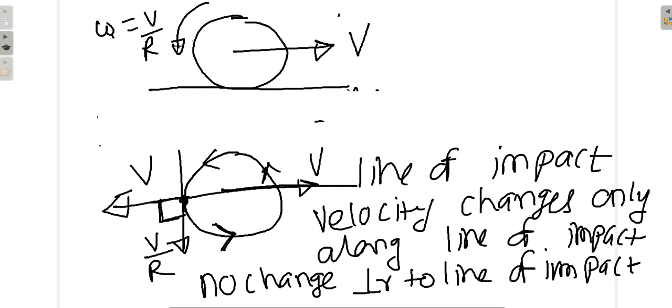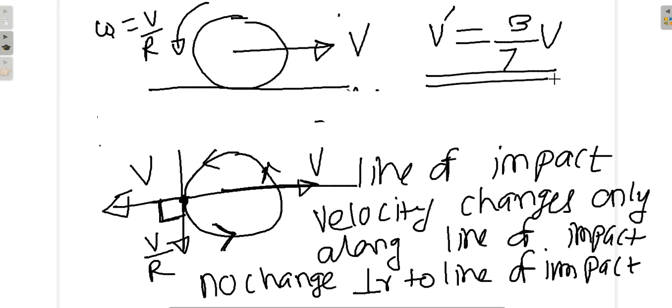First omega will reverse its value, it will become 0 first, and then it will attain pure rolling. So when it attains pure rolling, you remember in the previous example we had the value of v dash as 3 upon 7 v, and here also we will get the same answer. When the body resumes pure rolling, its velocity will be 3v upon 7. You can check the answer of sum number 86.